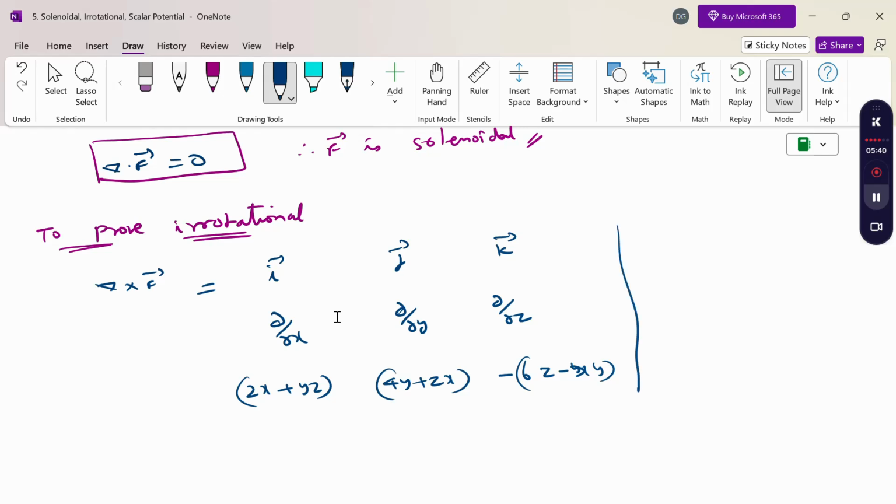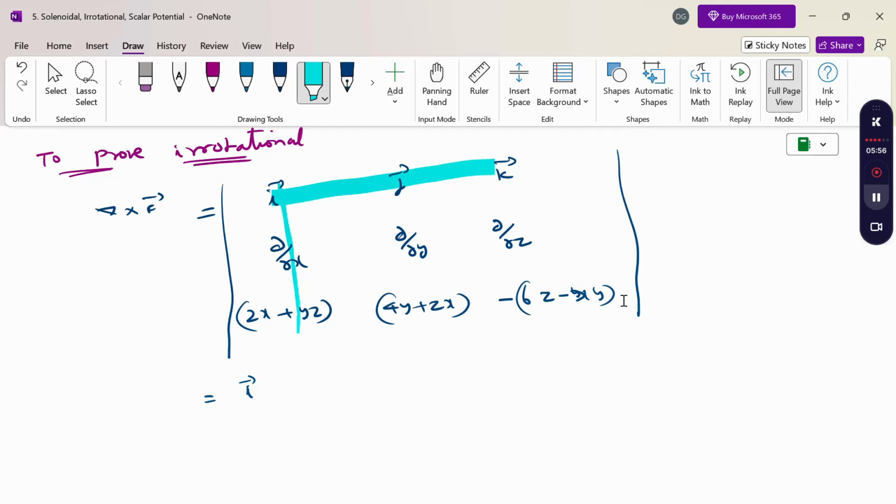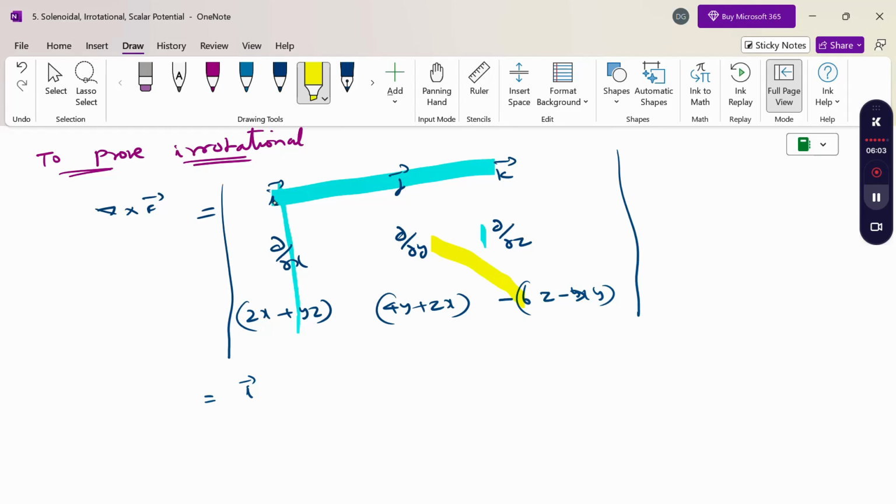This is a determinant. Now to calculate this determinant, first of all take the i vector. When I am choosing the i vector, I leave its row and column. Now this is the cofactor form. Now this cofactor cross multiplies this term minus this term.